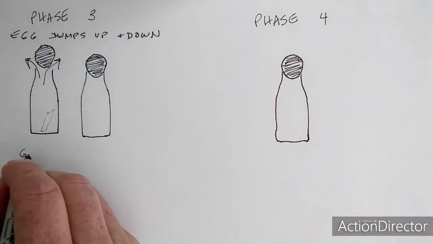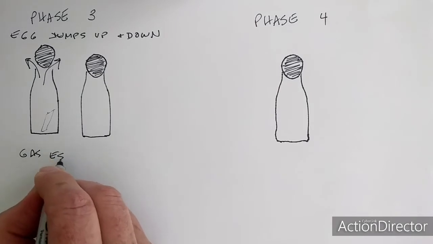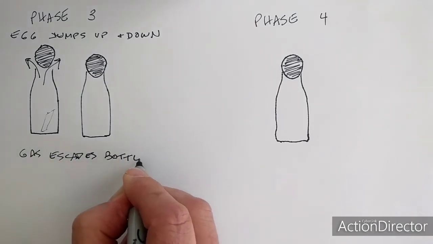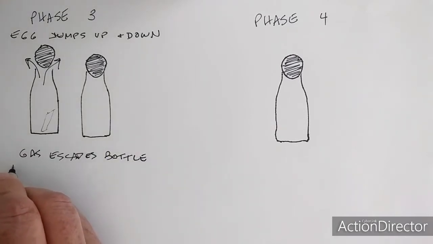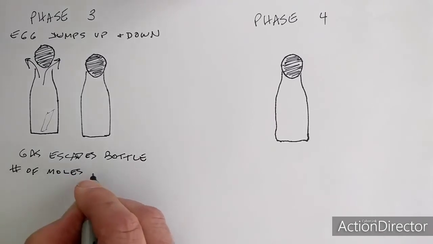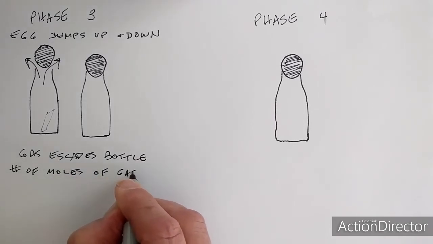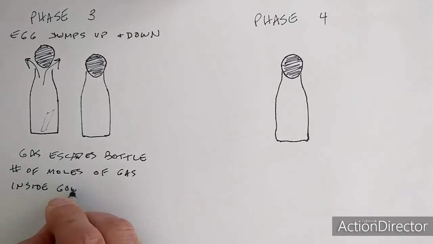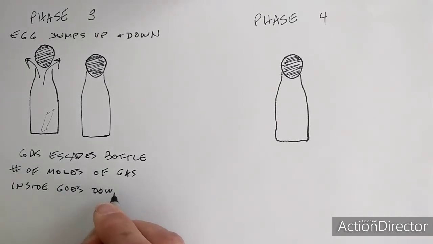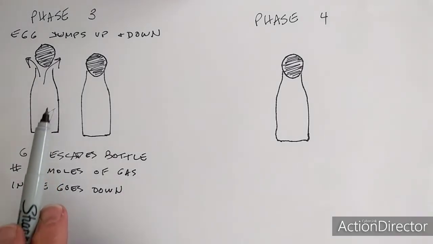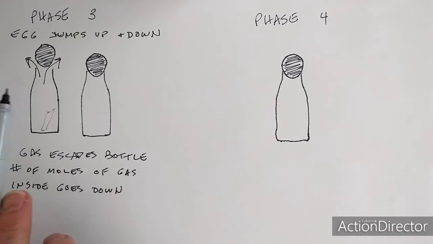So gas escapes the bottle, and the number of moles of gas inside the bottle goes down. We still have our hot gas, the particles inside, though, moving faster than outside.